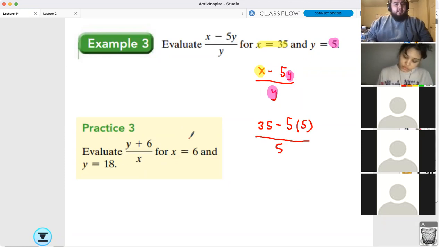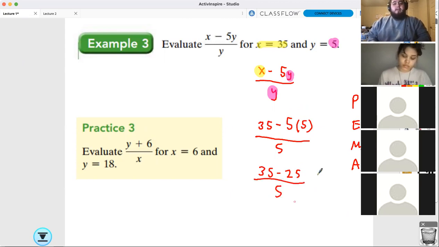And we're doing PEMDAS. And it's a fraction bar, so we do PEMDAS on top. So there's no parentheses, there's no exponents, but we do multiply, so let me write the steps, P, E, M, D, A, S. So we multiply right here. 5 times 5, class, is 25. Bring down the 5.